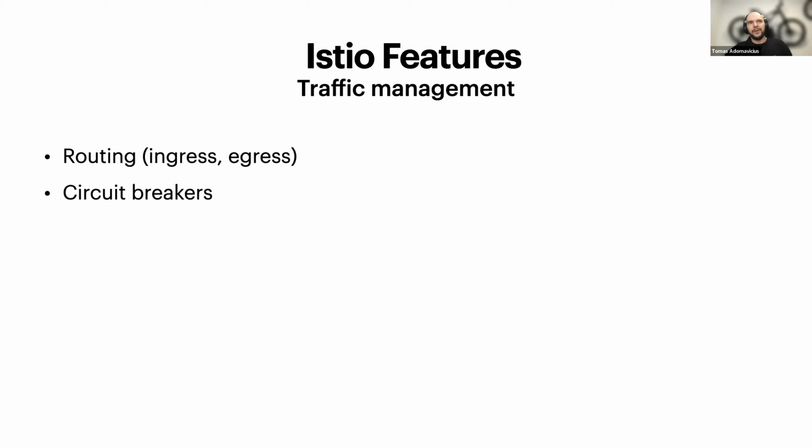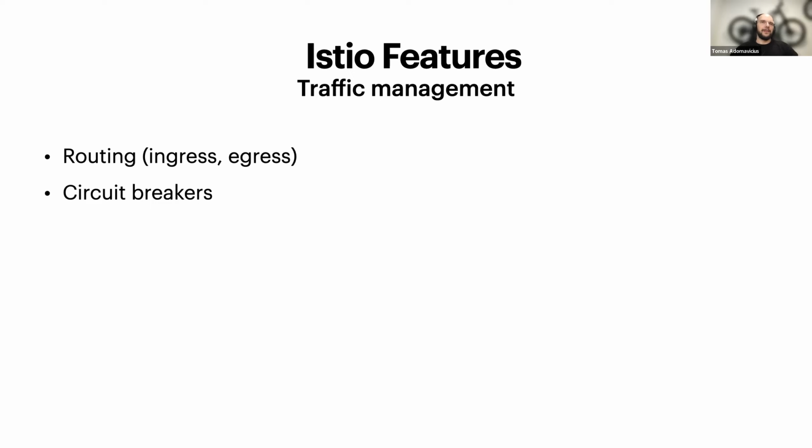We also have circuit breakers. For those who don't know what circuit breakers are, it's a mechanism to stop the traffic coming into your application based on some attributes that you define in advance. For example, if a service responds 50 times with 503, you just cut the traffic to it, or kill the pod and replace it with a new one.